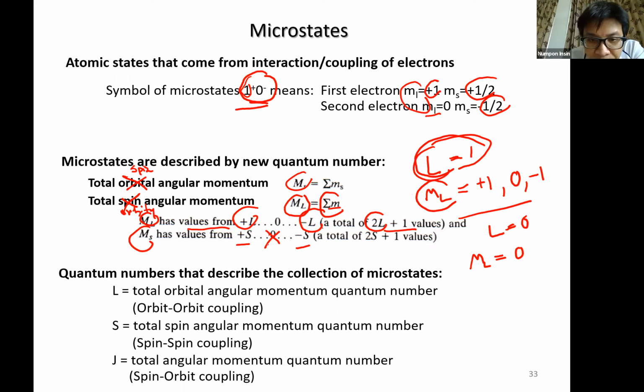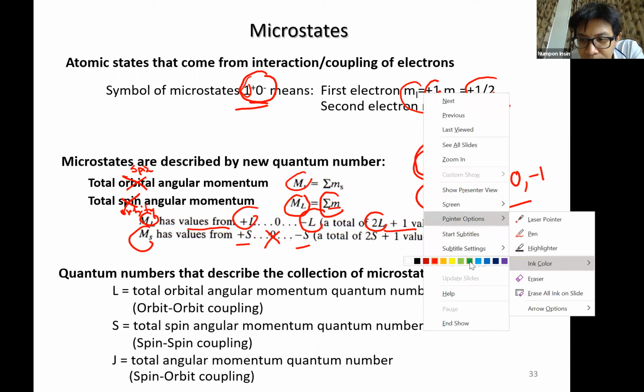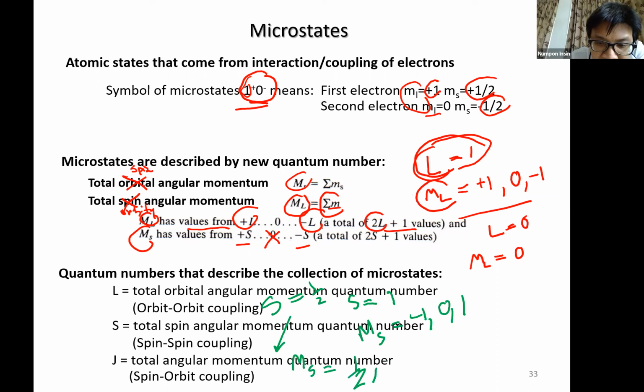Okay, so for example, if you have S equal to 1, it means your MS has to have 3 values, which are -1, 0, and 1. But your system can have S of half. If you have capital S of half, it means your MS has to range from half to minus half.